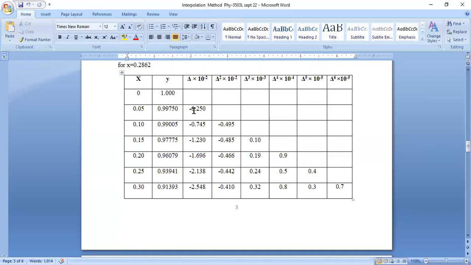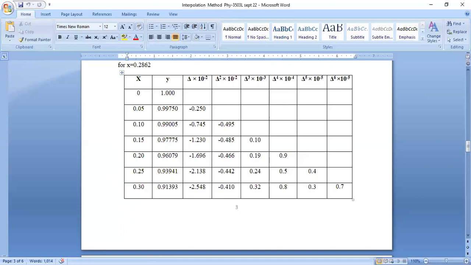And so you find del square y0, del square y1, del square y2, del square y3, del square y4, like this. Del cube y0, del cube y1, del cube y2, del cube y3.